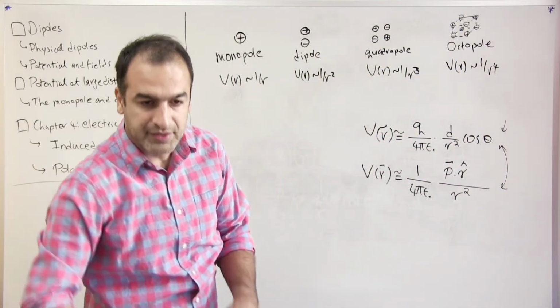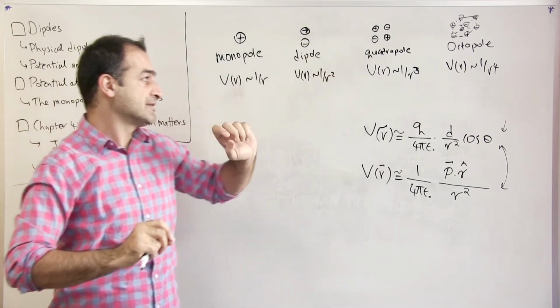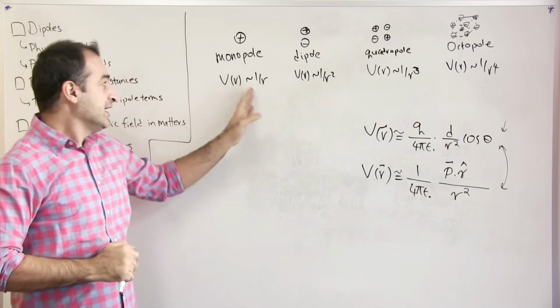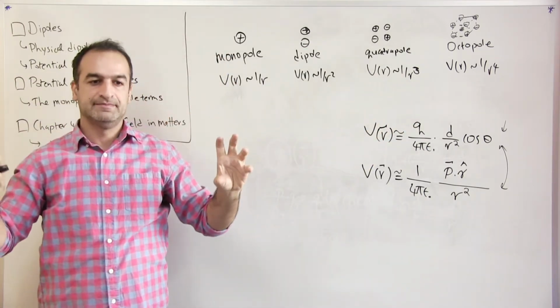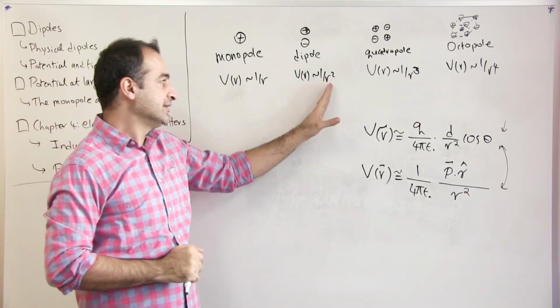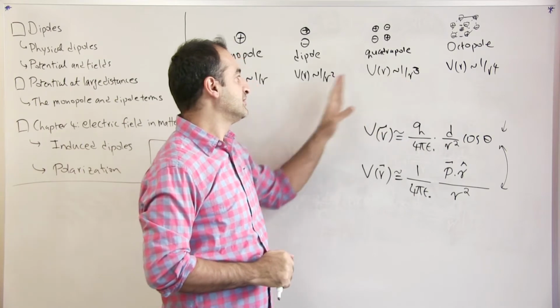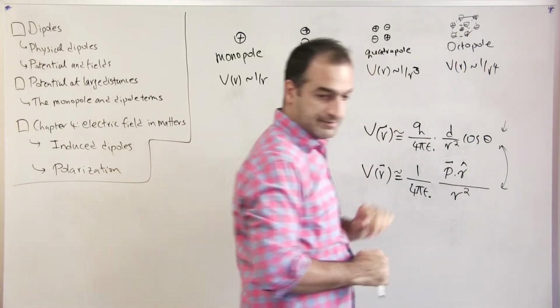Okay, now you can imagine that as you go further and further away, R is increasing, and the way the behavior is as a function of R, they drop faster and faster. 1 over R squared drops faster than 1 over R. 1 over R cubed drops faster than 1 over R squared, and so on.